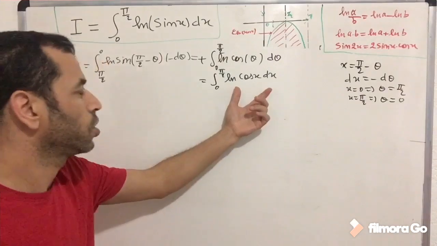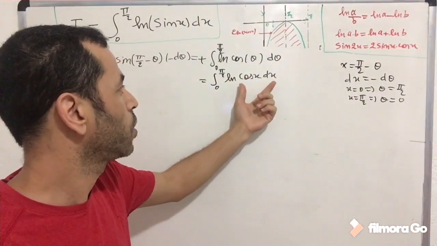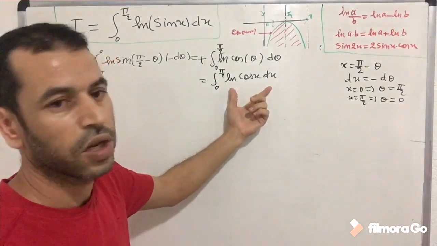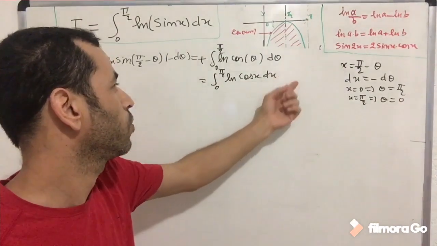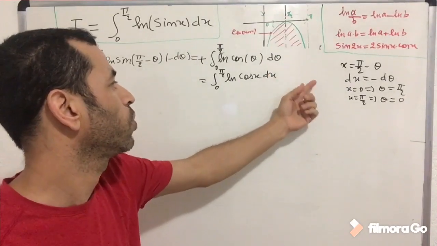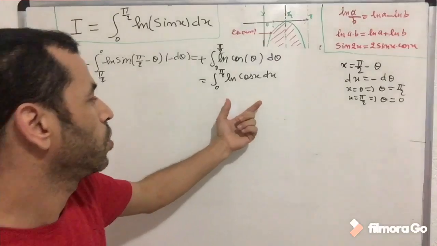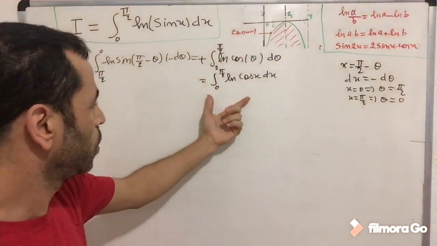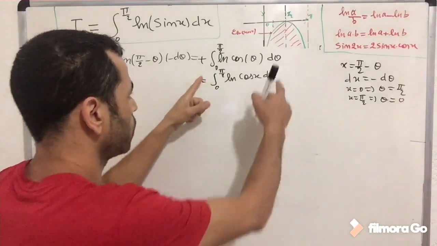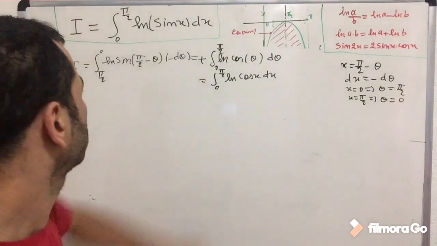If you change it from theta to the x variable, you will not change the value of the integral, because they're the same. You can also put it as the integral from 0 to pi over 2 of natural log of cosine y dy. That will be true, because the value never changes as long as you have the same bounds.